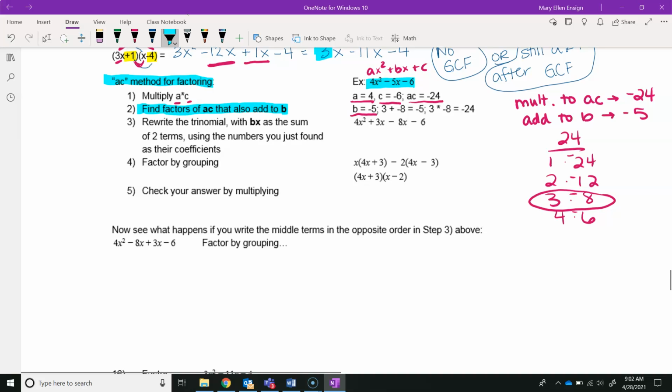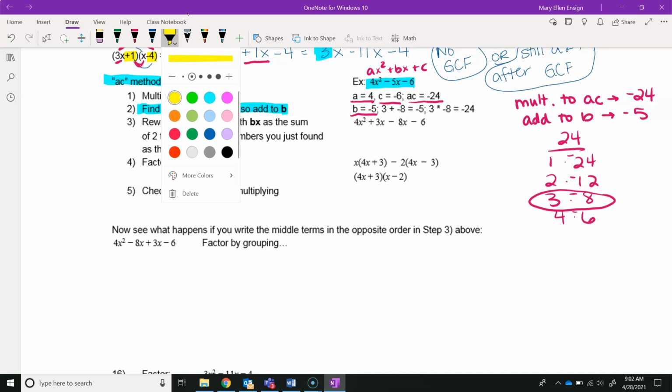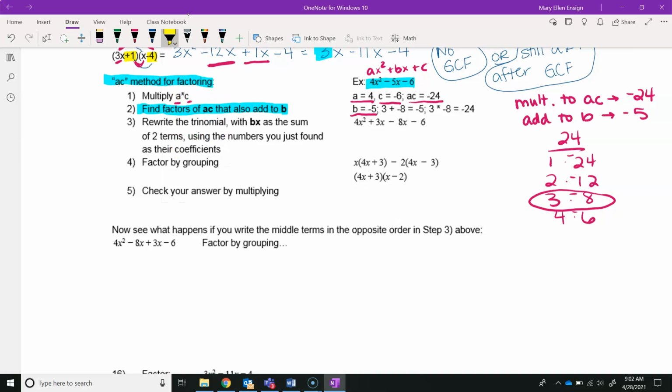So here's this little trick. We're going to take these two numbers, 3 and -8, and we're going to rewrite this trinomial. Instead of 4x squared minus 5x minus 6, I'm going to write 3x minus 8x, which also means -5x, the same thing.